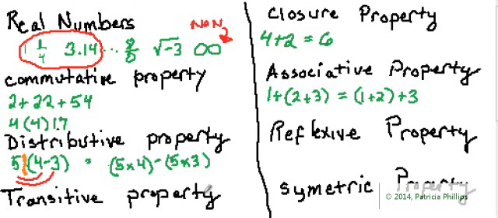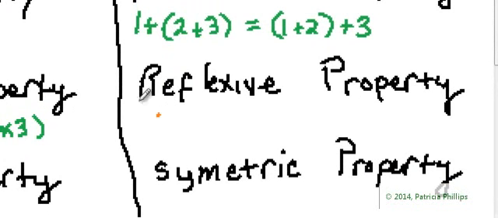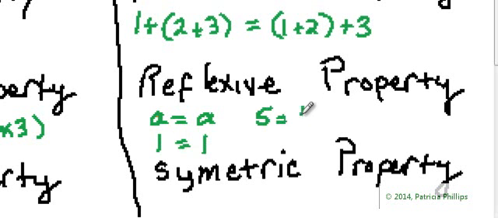Okay, so for example, let's take a variable, A. A equals A. Just the same as 1 equals 1. Just the same as 5 equals 5.